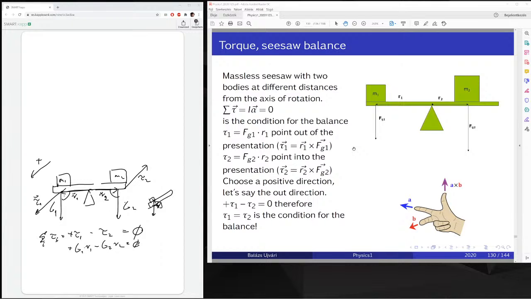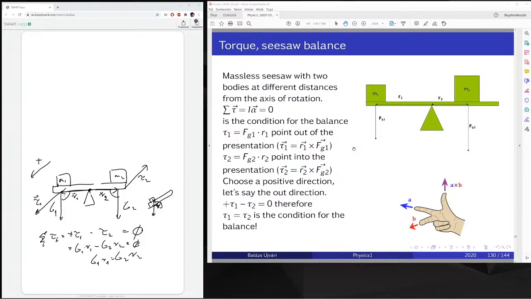So that means G1 R1 equals G2 R2, and you can imagine if you sit closer to the origin and somebody else sits on the other side of the seesaw but further from the origin, your mass has to be larger than the other's mass to balance the seesaw.